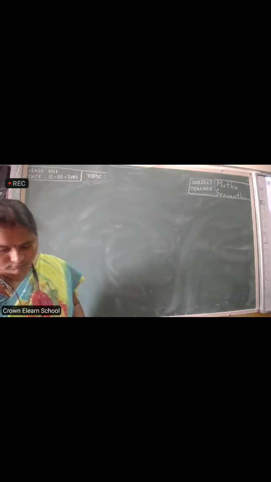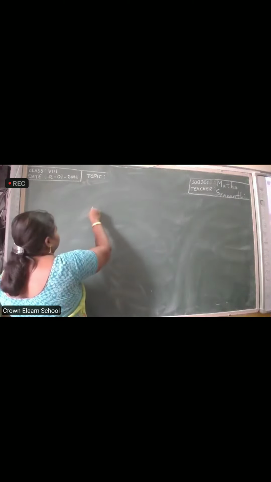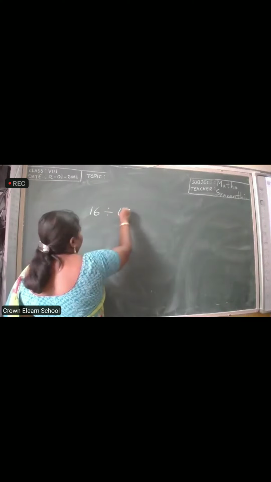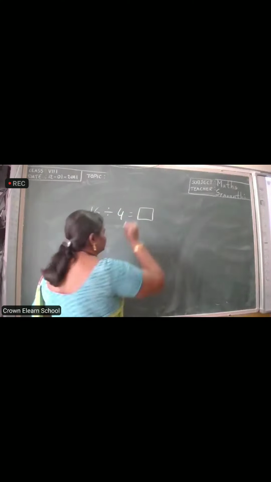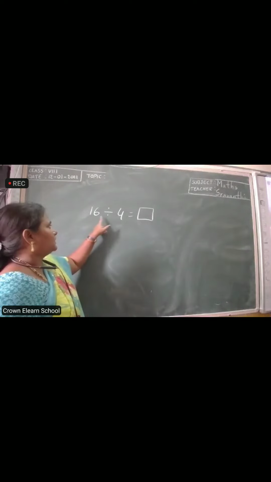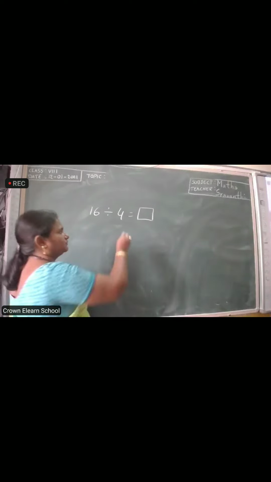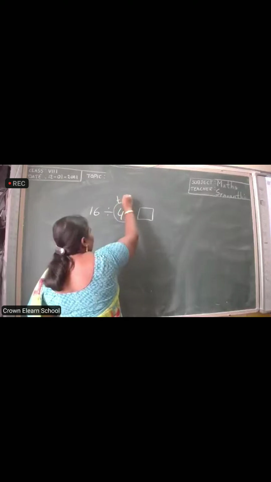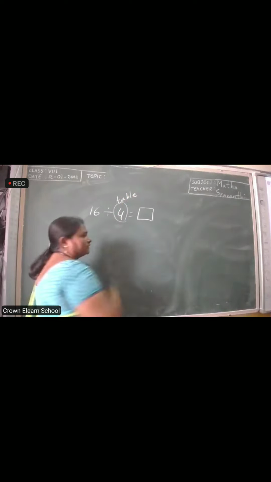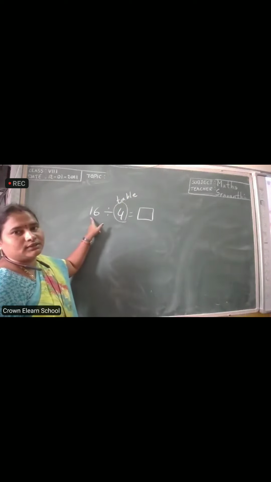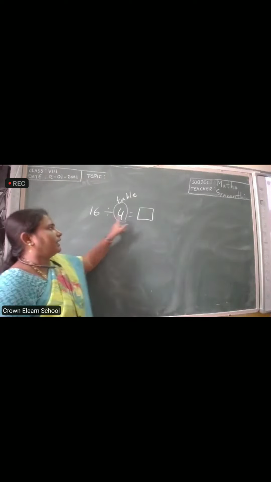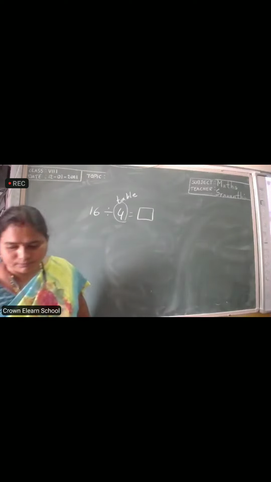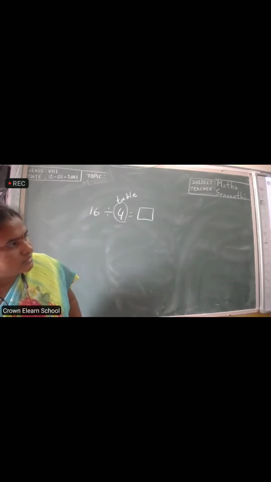Okay. 16 divided by 4. Read the 4 table till you get 16. Then type the answer. Start reading the 4 table. You need not read the full table.